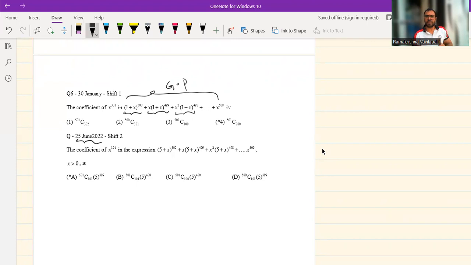So what is the formula for the sum of n terms of a GP? S equals A plus AR plus AR square, and so on, up to AR to the power of n minus 1.